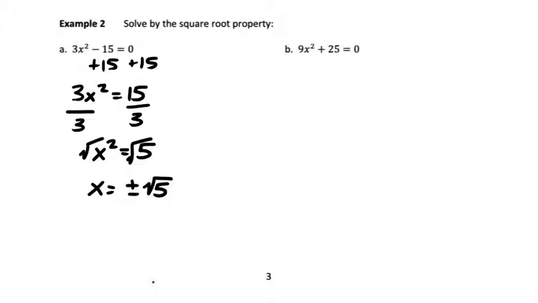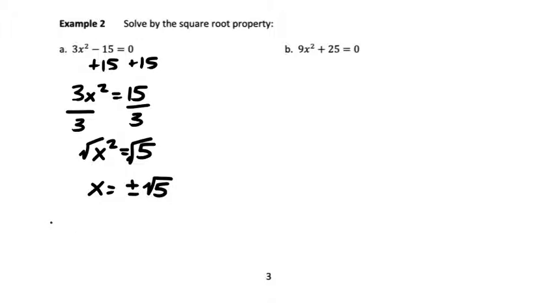And we talked about how to simplify square roots earlier. You need to think about, are there any factors of the number under the square root that are perfect squares? So can it be divided by 4, 9, 16, 25, etc.? And if it can, then you need to simplify it. In this case, square root of 5 cannot be simplified because 5 cannot be divided by any perfect squares, and so that's going to be my answer.